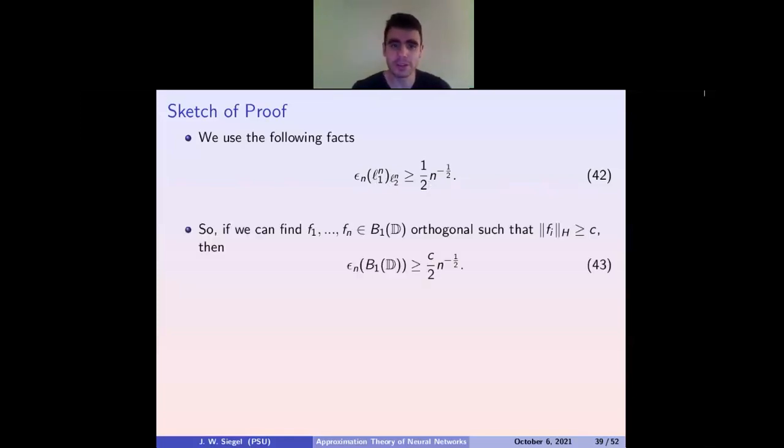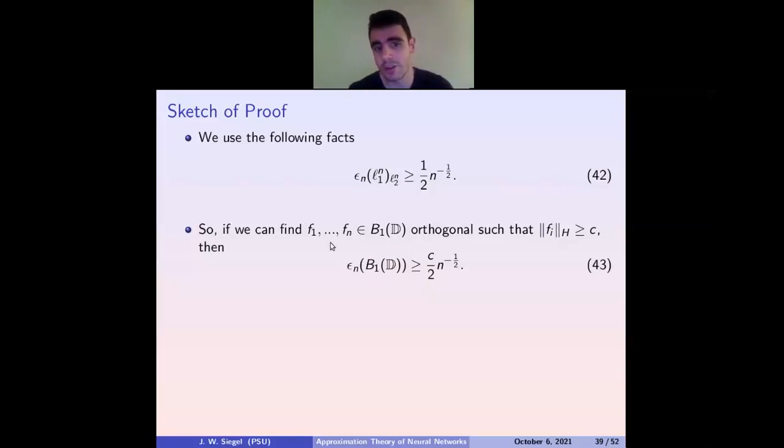This means if I can find a collection of functions in the convex hull of my dictionary which are orthogonal and all have length greater than c, then, certainly this is a convex set.